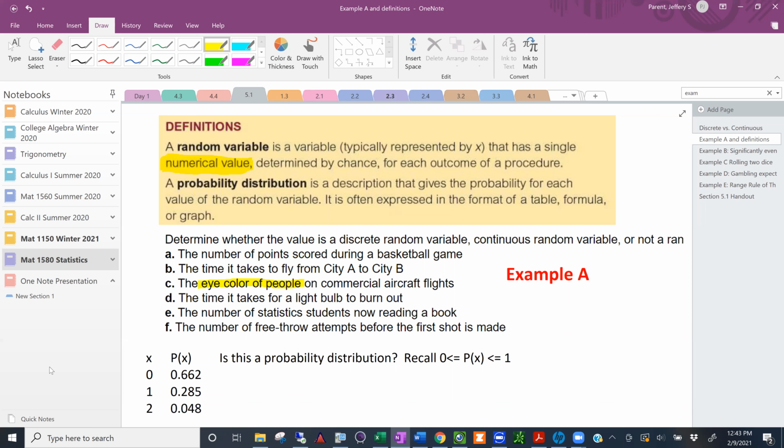The number of statistics students now reading a book. Hopefully that's a big number, but it could be quite a lot of values. Do those values form a discrete random variable or continuous random variable? Discrete. You can't have 1 3/4 students reading a book. They have to be just nice, even integer numbers. So that would be a discrete random variable.